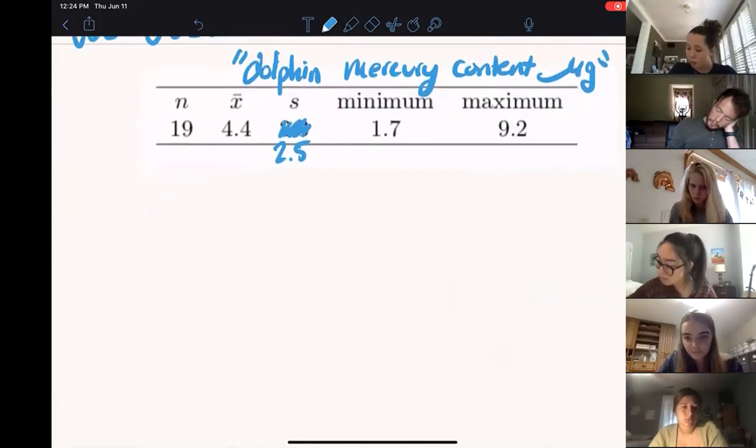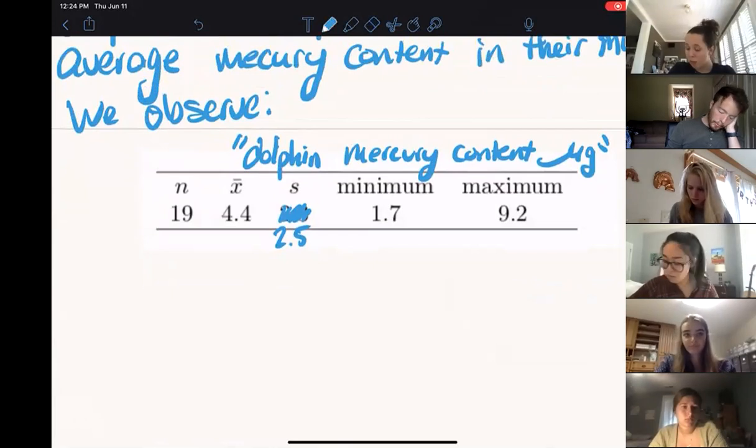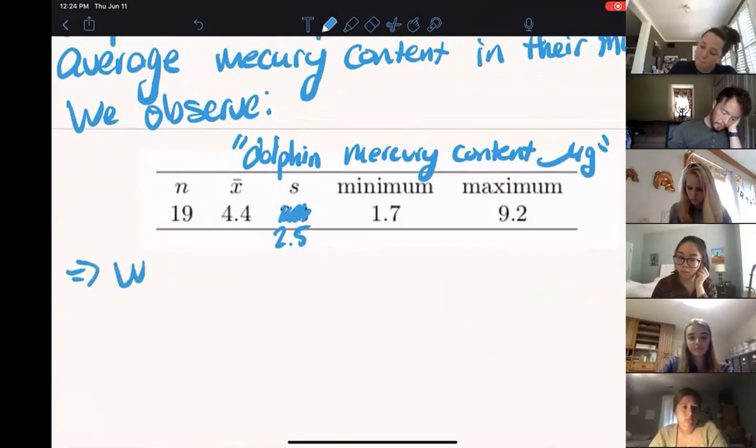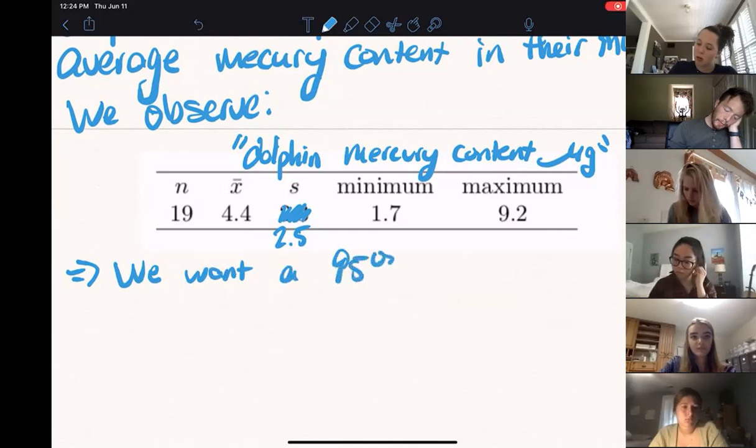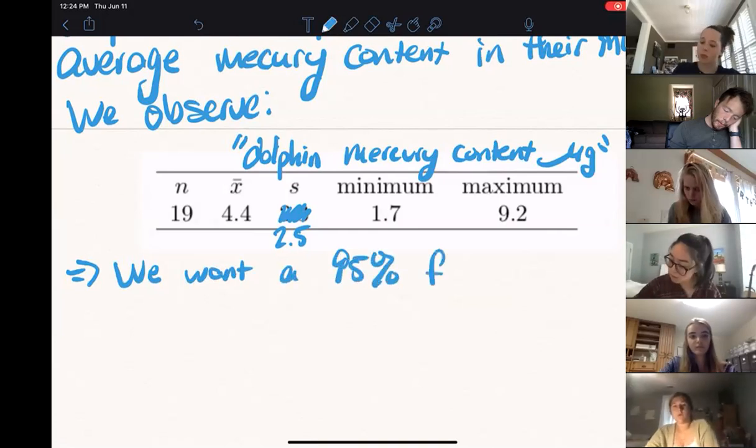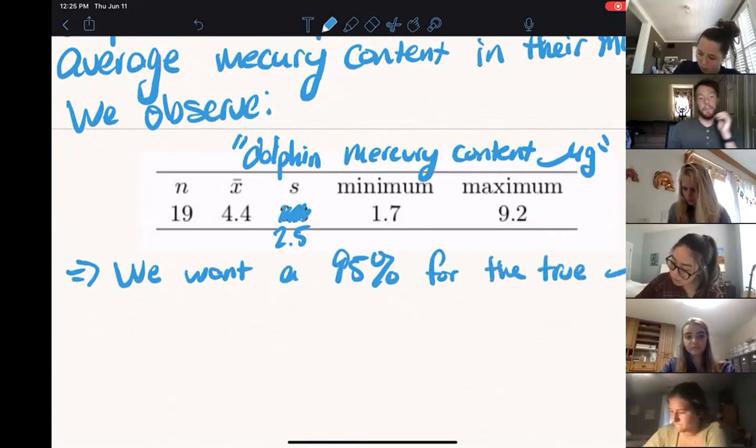So we observe this. What we want to do is a 95% confidence interval for the true population average mu. Okay, so this is our aim, this is our data.